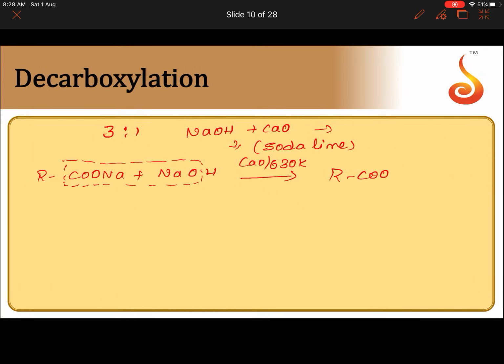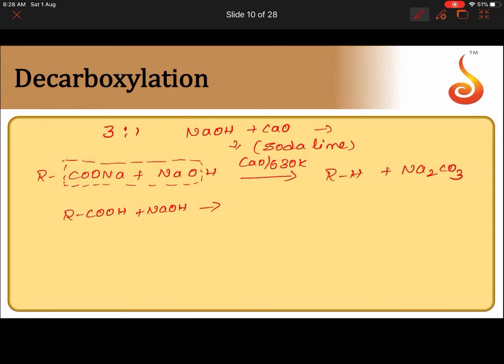So what will I get? RCOONa gives RH plus Na2CO3. Now let us see how this reaction happens.